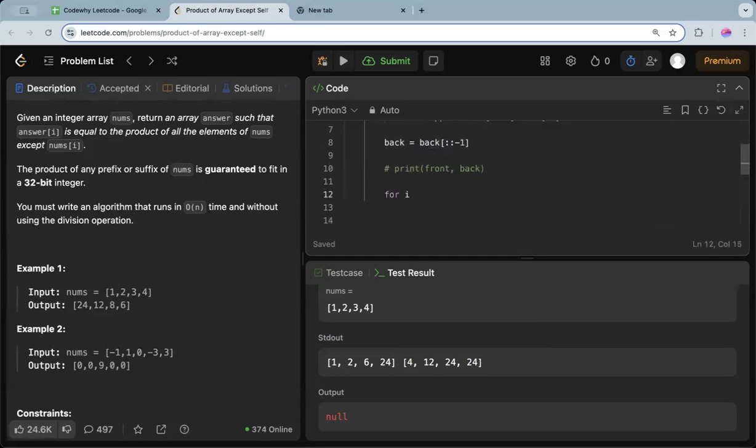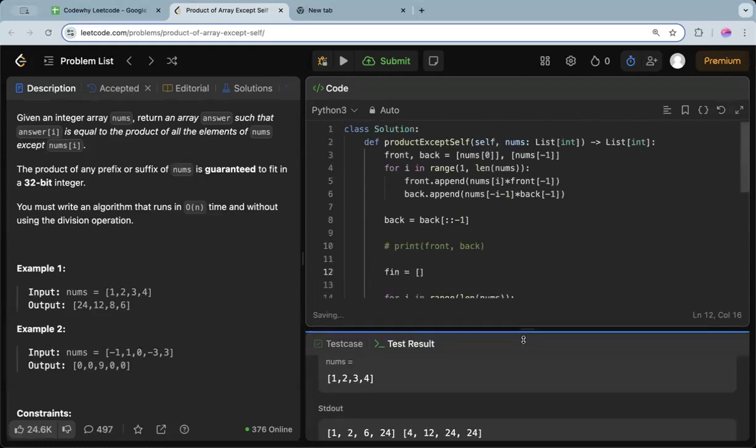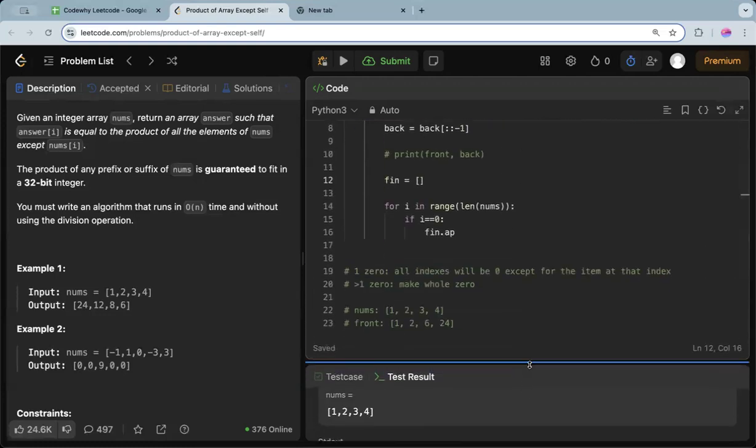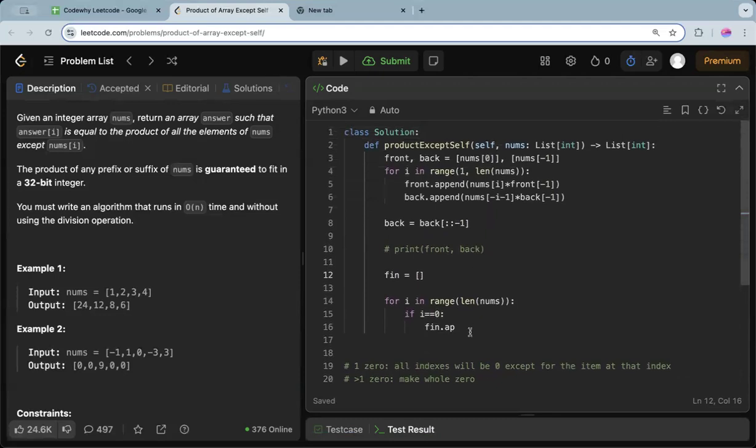Then I will do this: for i in range of nums, if i is equal to 0, I will just append. Oh yeah, I need to create a final array, like a final output array. So fin.append.